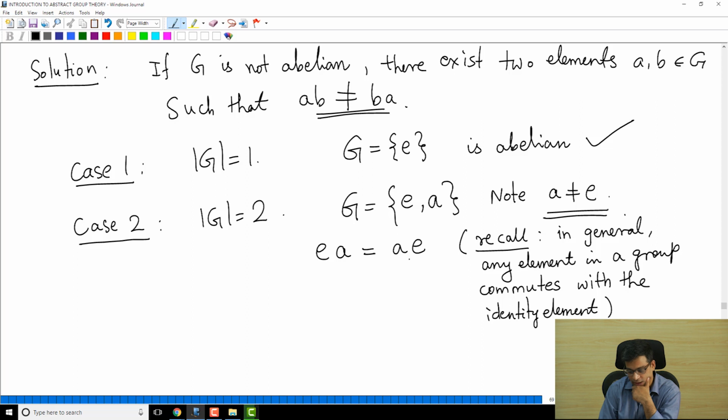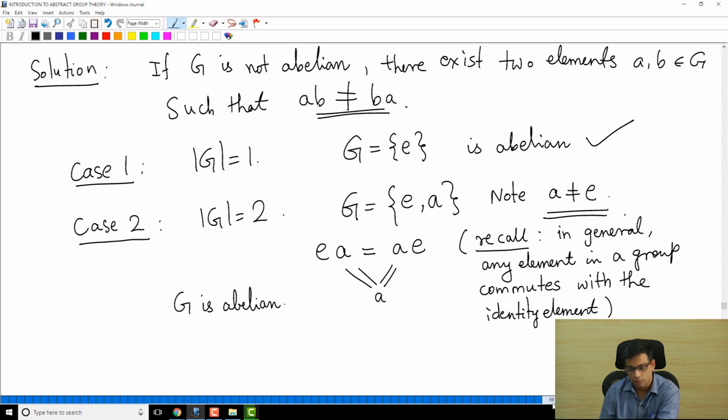So, E A is A E, that is part of the definition of a group, which are both individually equal to A. So, G is abelian in this case also, because the only 2 elements are there and they commute with each other. So, in this case G is an abelian group.